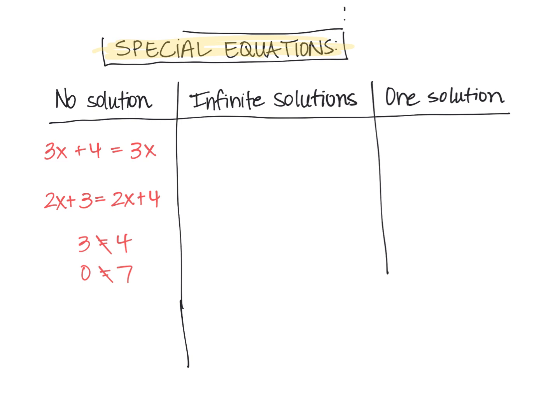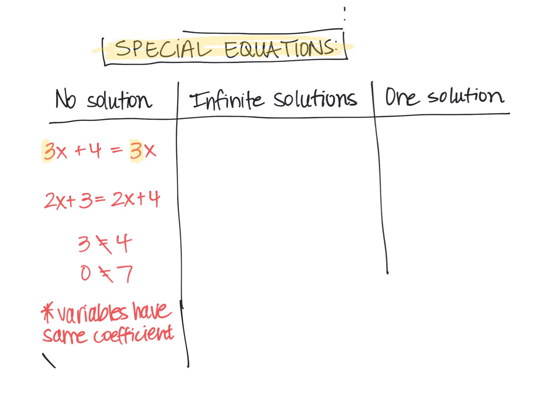Okay, some clues that will help you figure out if there's no solution is if the variables have the same coefficient. Remember, coefficient is like the 3 part. So like this right here, they have the same coefficient.